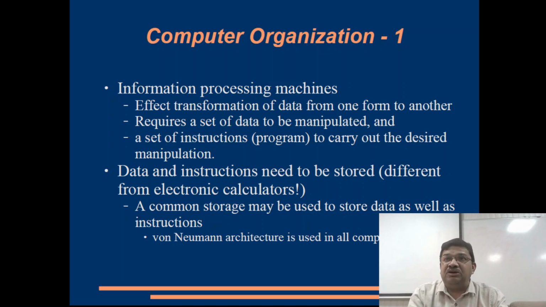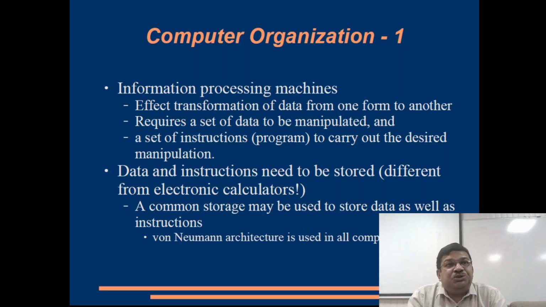So those are analog computers, and they are much more accurate than digital computers. But for general purpose computing, digital computers are the industry standard, and they follow what we call von Neumann architecture.